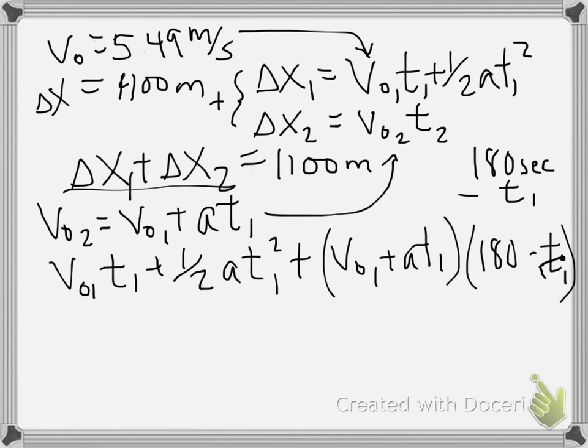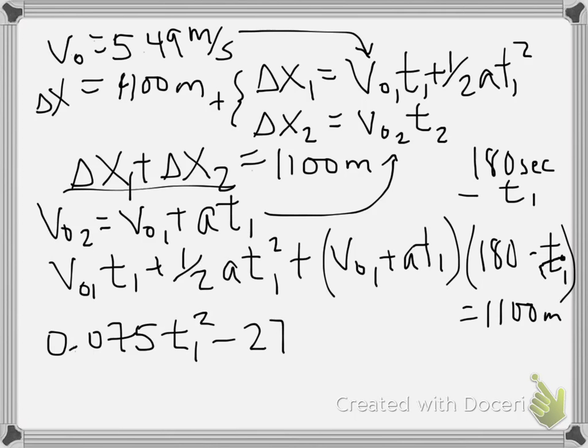So long story short, when I put in all of this, oh, and by the way, what does this have to equal? 1,100 meters. So long story short, when I plug in all of the numbers, you're going to get something that looks like this, and you guys can check my work, but it's going to be 0.075 t1 squared minus 27 t1 plus 110.8 equals 0.